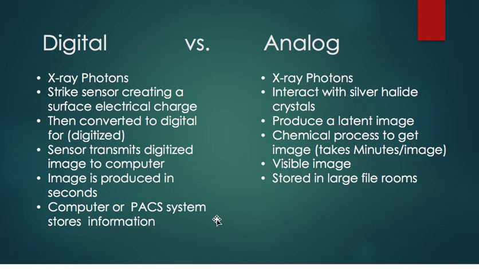So the nice thing about that is you're able to just transfer all of those images to a doctor instead of physically having to carry films into a radiologist room. You can send them electronically. If you need to send your images to 10 different doctors, you can do that all electronically without having to mail images or reports and things like that. And it's a huge time saver. I mean, these images are produced in seconds, where analog took minutes to perform. That means we're able to x-ray faster and take care of more patients.